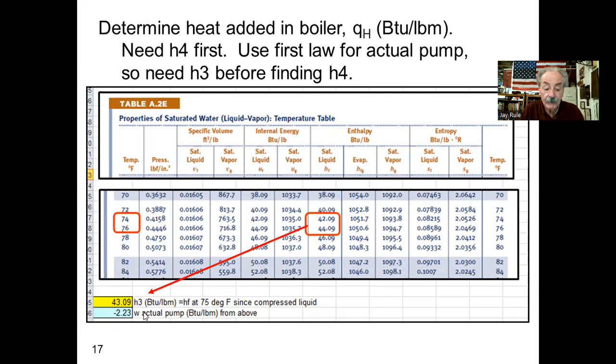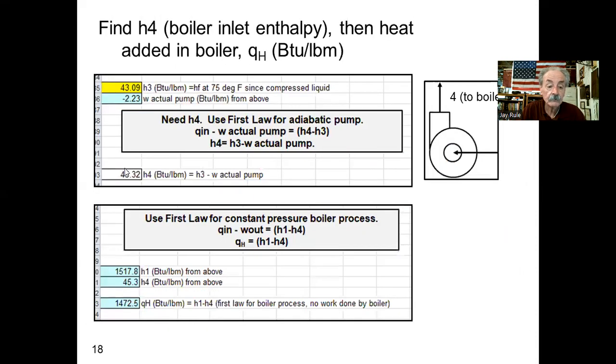We determined that W actual of the pump was negative 2.23. We did that in previous work. So now we're going to apply the first law for the adiabatic pump in order to get H4. So H3 is 43.09, and W of the pump actual. H4, the enthalpy leaving the pump, is simply going to be the inlet enthalpy minus the work of the pump, which boosts the enthalpy to 45.32.